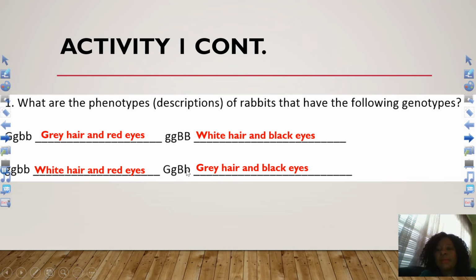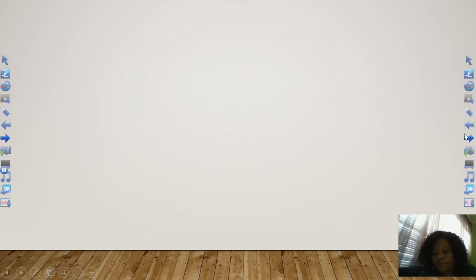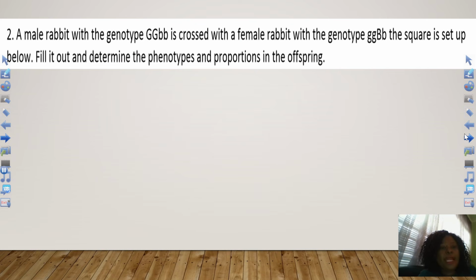Then number 2 says, a male rabbit with the genotype capital G, small g, small b, small b is crossed with a female rabbit with the genotype capital G, small g, capital B, small b.